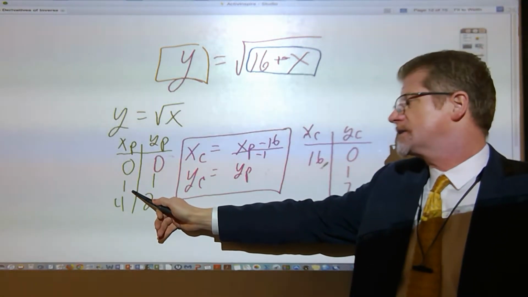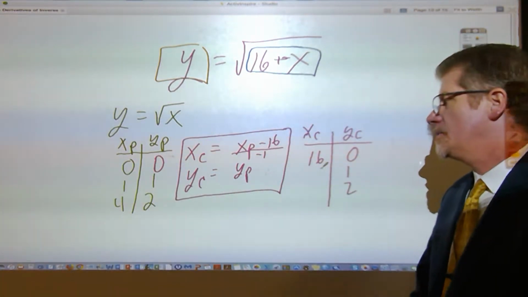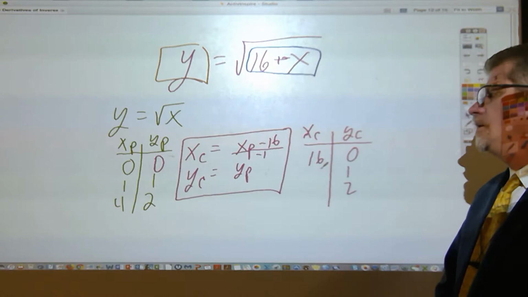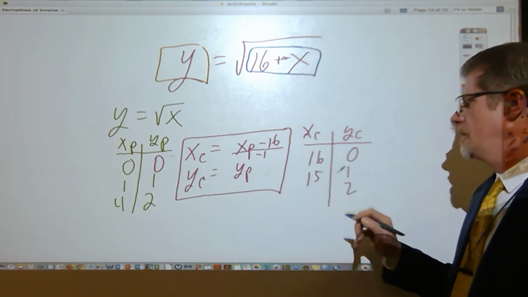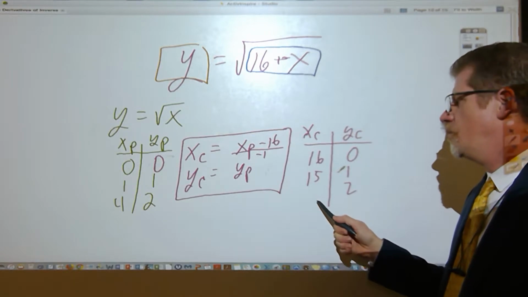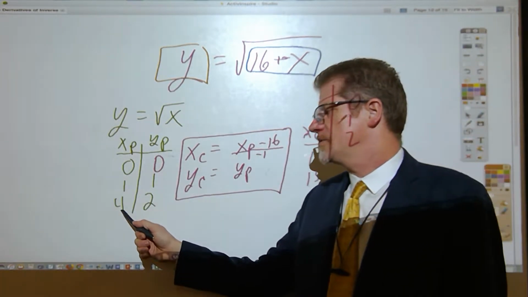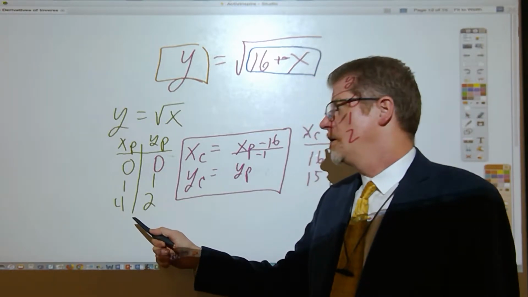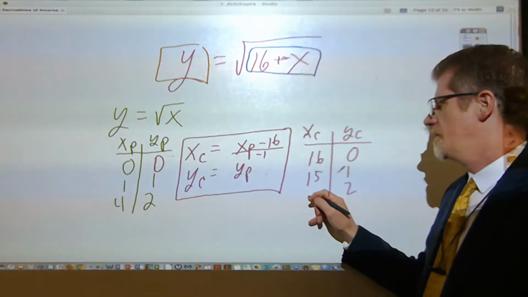Do the subtract 16, divide by -1 routine and tell me what you get. Don't you get 15? Can someone tell me what x child corresponds to x parent equals 4? There you go. 4 minus 16 is -12, divided by -1 is 12.